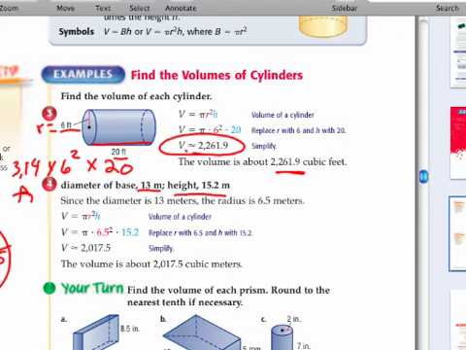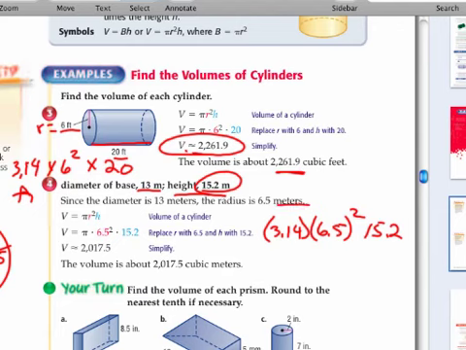So let's replace all that, and we would get 3.14 times our radius, 6.5 squared, times the height of 15.2. When we multiply this out, we're in meters here, so we would get cubic meters, 2,017.5 cubic meters.